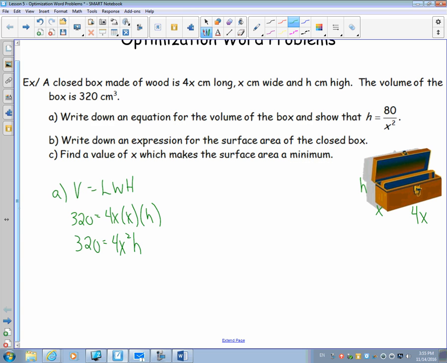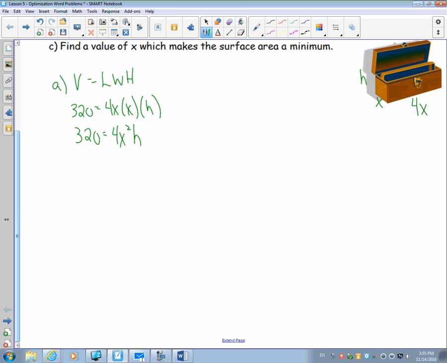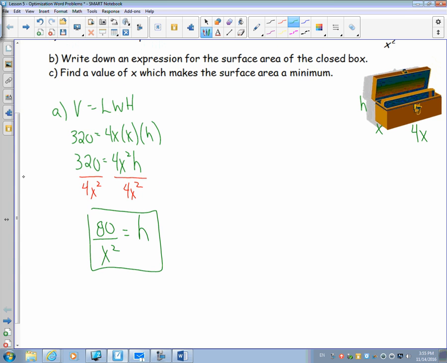Well, how did they get that? If we divide one side by 4x squared, we can divide the other side by 4x squared, and we'll end up with h on the right, and 320 divided by 4 makes 80 over x squared on the left.